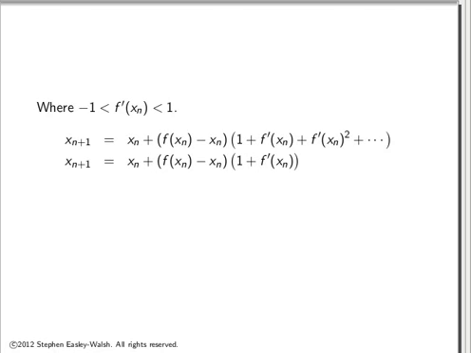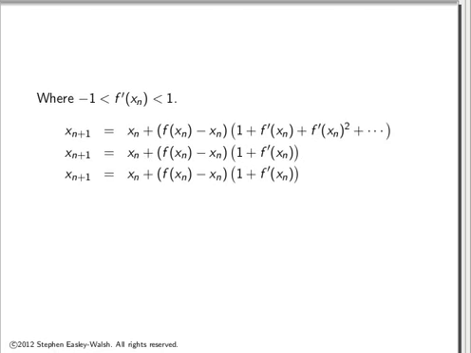Now I'll multiply out these two brackets and see what I get. First I need to multiply by the f(xn), and then I need to multiply by the negative xn. So first multiplying by the f(xn), and then by the minus xn, and then minus xn times f derivative xn.